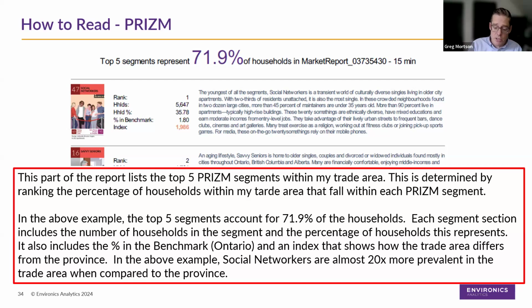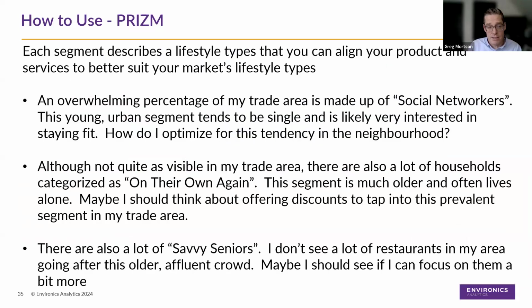So maybe there's a seniors population that you don't see quite as much around the neighborhood, that you didn't realize was as prevalent, that you really want to tap into because they do have either a need for your services or they are spending money on services that you provide.